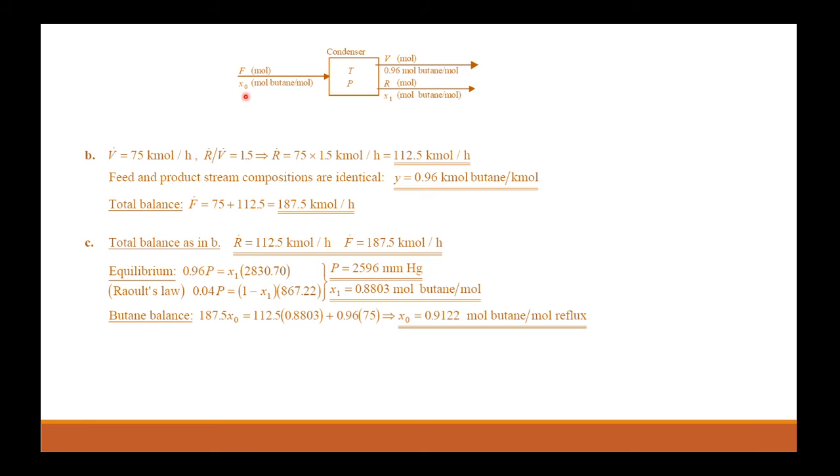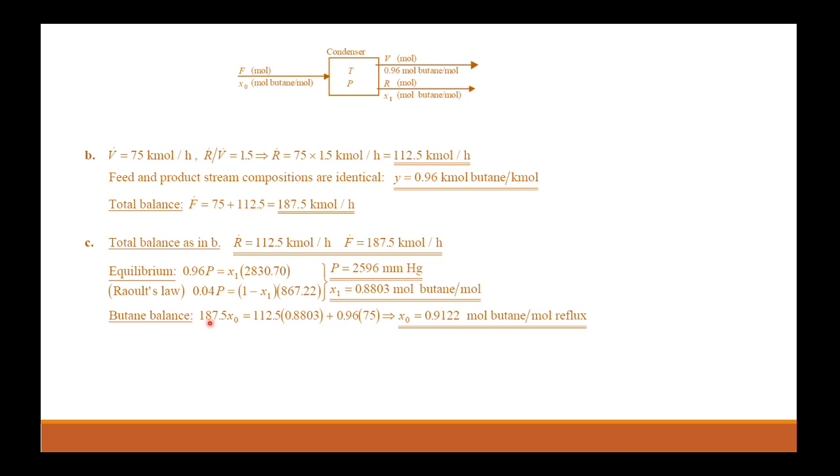Now to solve for x0, we can use the butane species balance: F multiplied by x0 equals V multiplied by the mole fraction of butane in the overhead stream plus R, your reflux stream, multiplied by the butane in the reflux stream, which we have found here.